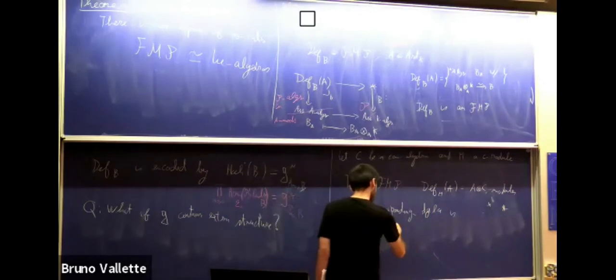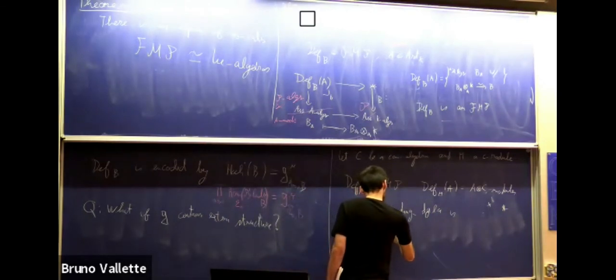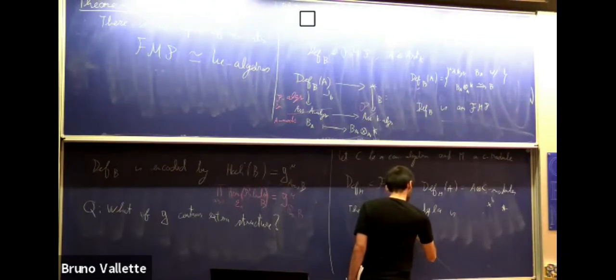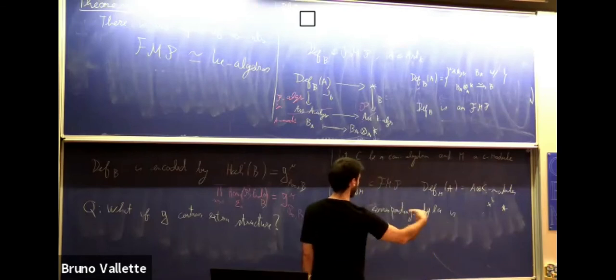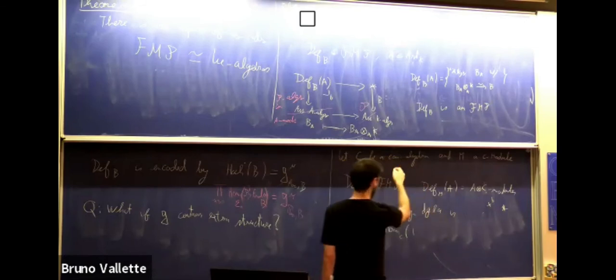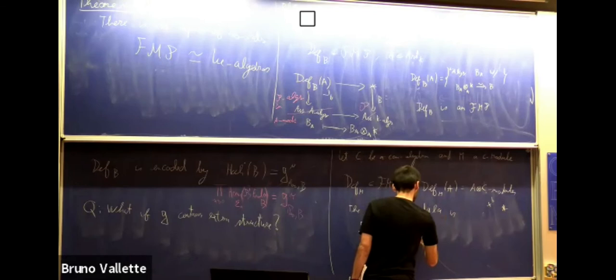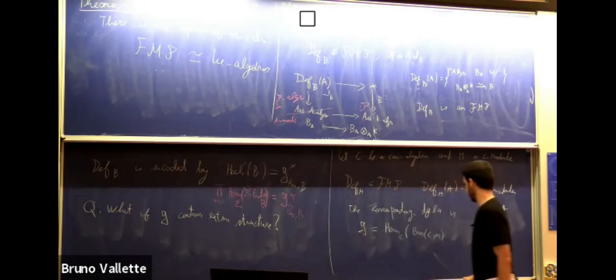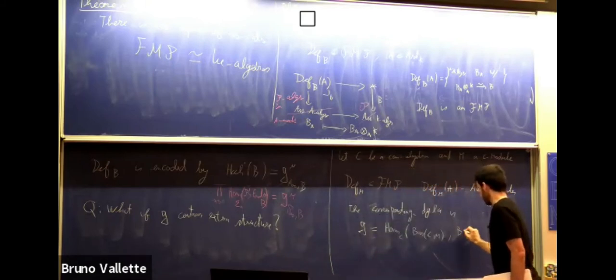So it's Hom over C of some resolution of M as a C module, into the bar construction of C, M.